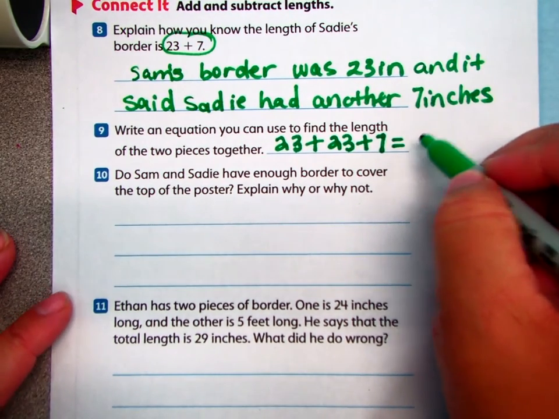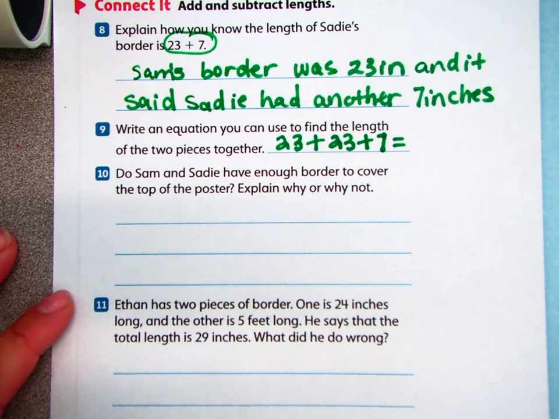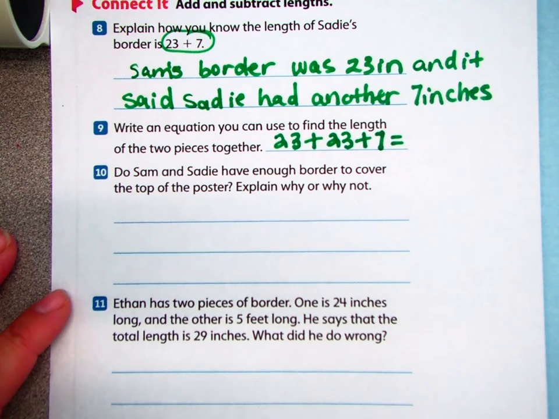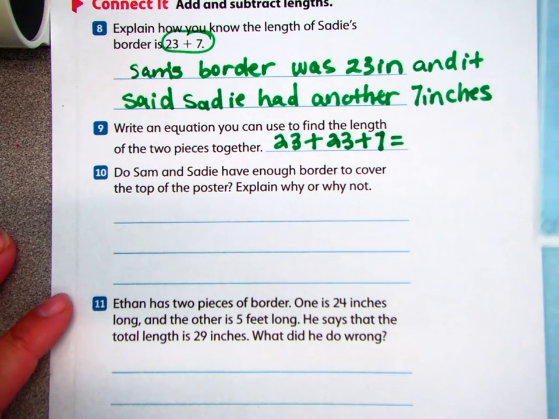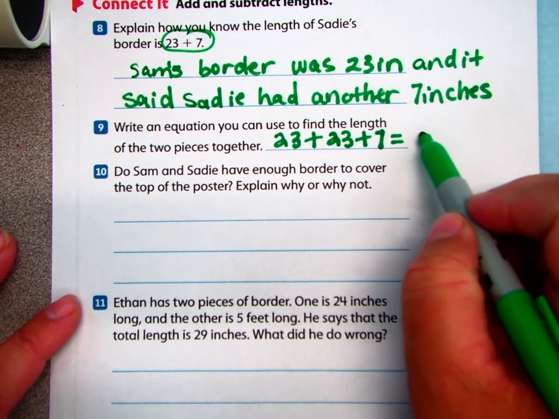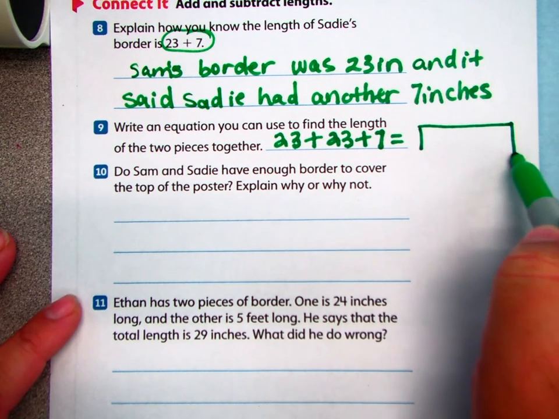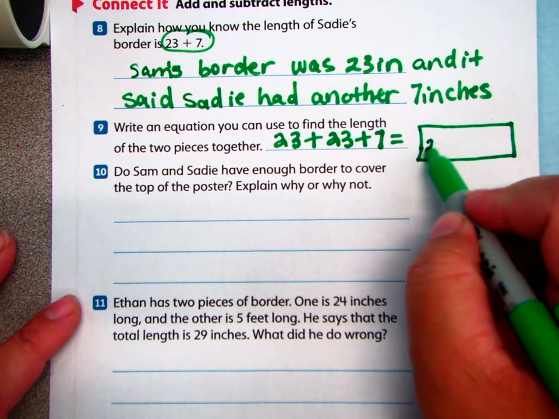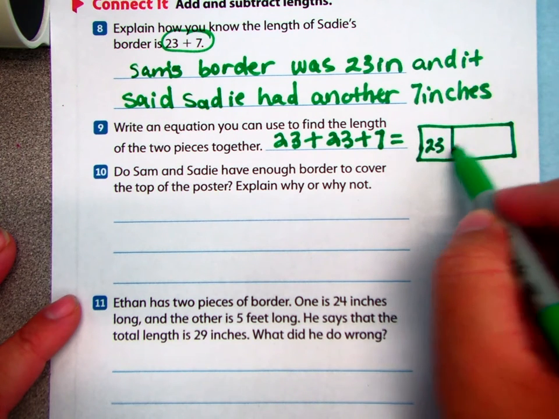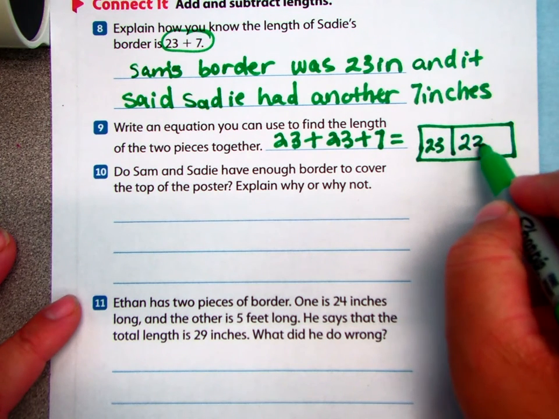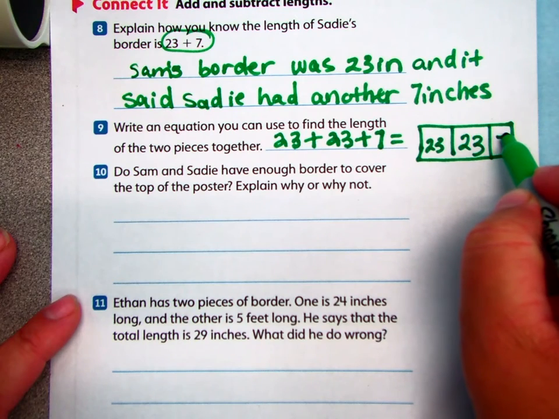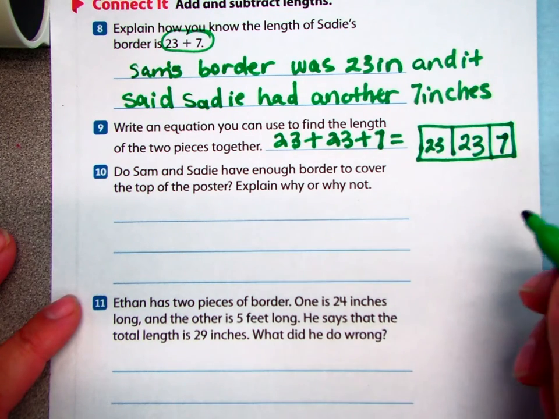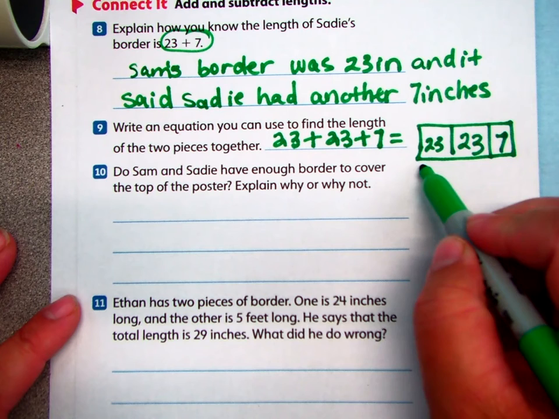So let's put that together. And let's use that diagram, or I said the tape model from the other page. So let's make our little model here. We got 23, 23, and 7. Okay? So that gives us our problem here.